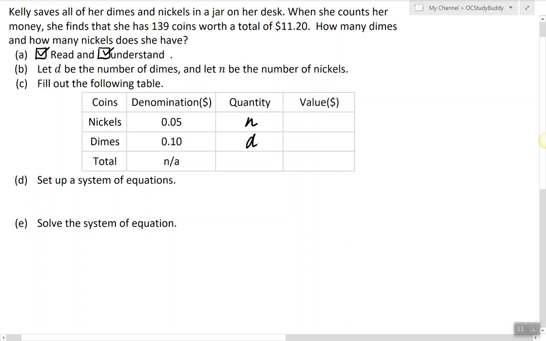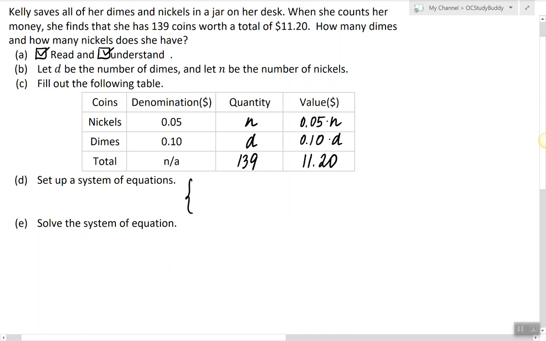Now the total value of nickels will be the value of each nickel times the number of nickels, and the value of all dimes will be the value of each dime times the number of dimes. And the total quantity is 139 and the total value is $11.20.